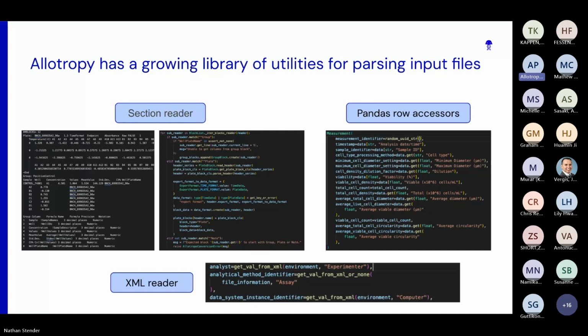The other thing that's really widely used is a utility around pandas. Basically, this lets you iterate through the rows of a data set and provides you, for each row, with a wrapper around that pandas series that gives you a dictionary-like accessor that lets you do presence checking and type checking. You can see there that for each of those values, we're specifying the data type we expect.